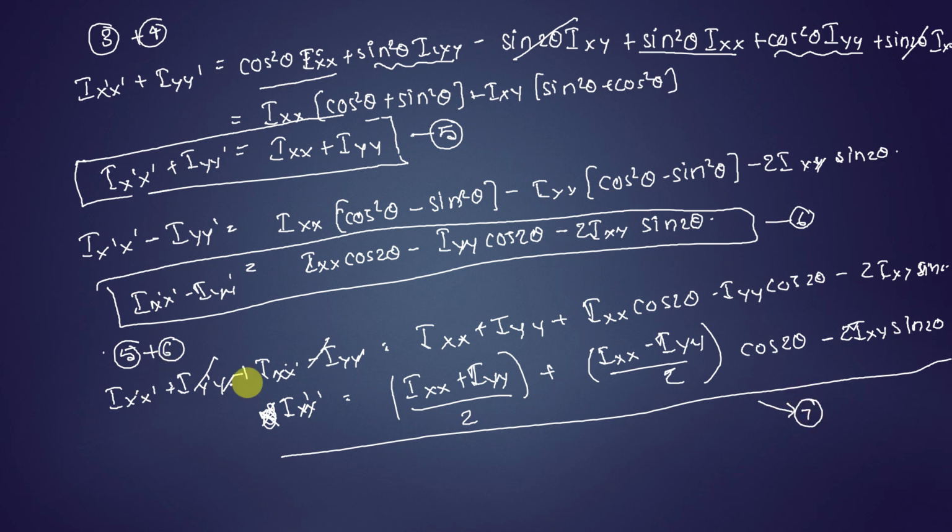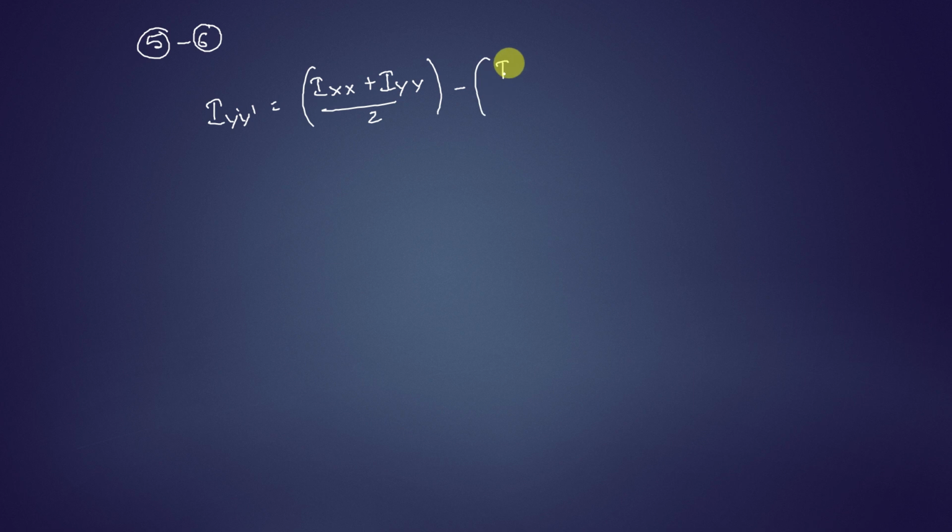If we subtract them, we get the value of Iy'y' in terms of old moments of inertia and theta. Let us subtract 5 minus 6. The same process has to be followed, so let me write the Iy'y' value directly: Ixx plus Iyy by 2, minus Ixx minus Iyy by 2 cos 2 theta, plus Ixy sin 2 theta.